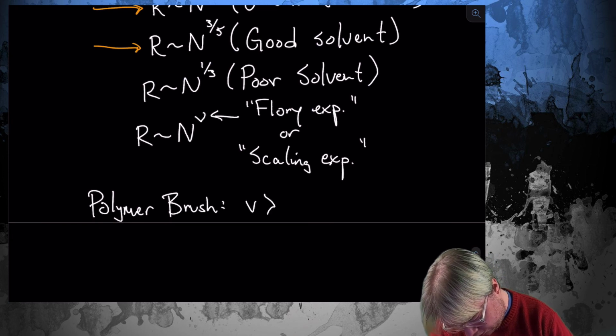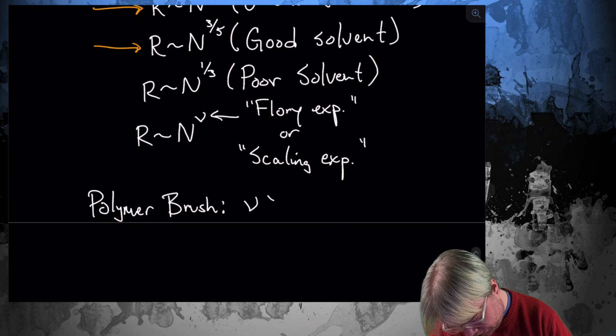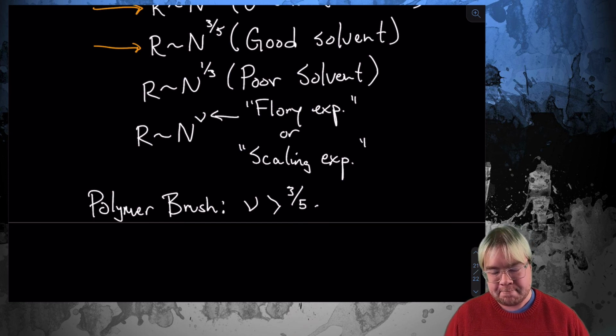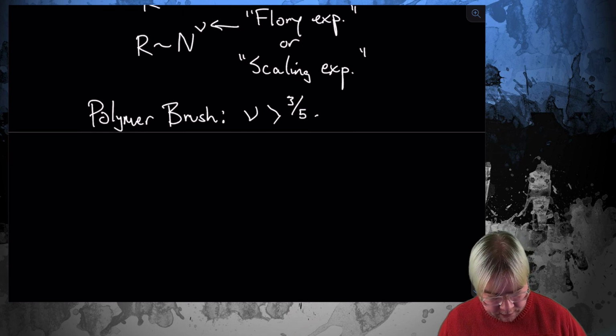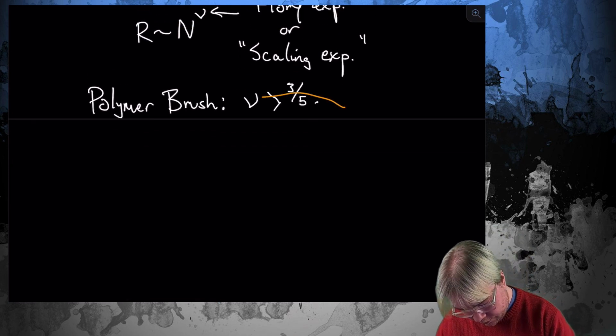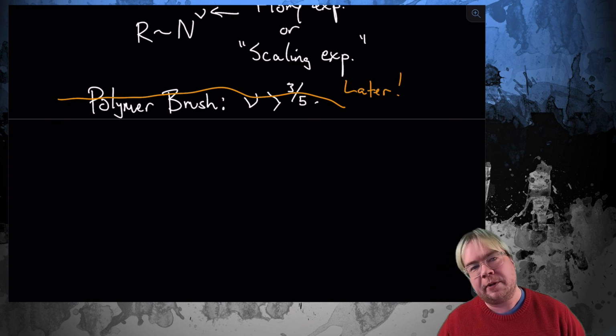Nu will be greater than 3/5. And this is something that my group's working on right now. What is that value? Turns out it depends. Depends on a lot of things. All right, so that's complete. Let's not talk about this now, though. We'll talk about this later.